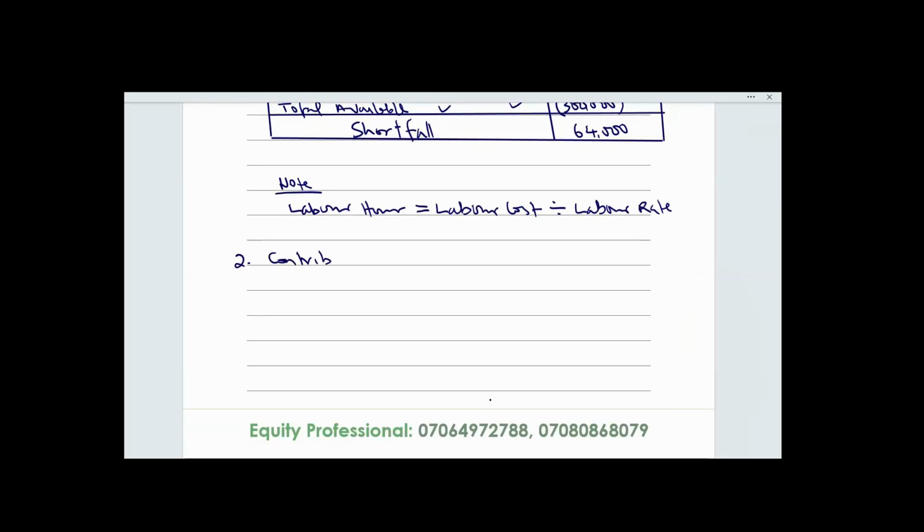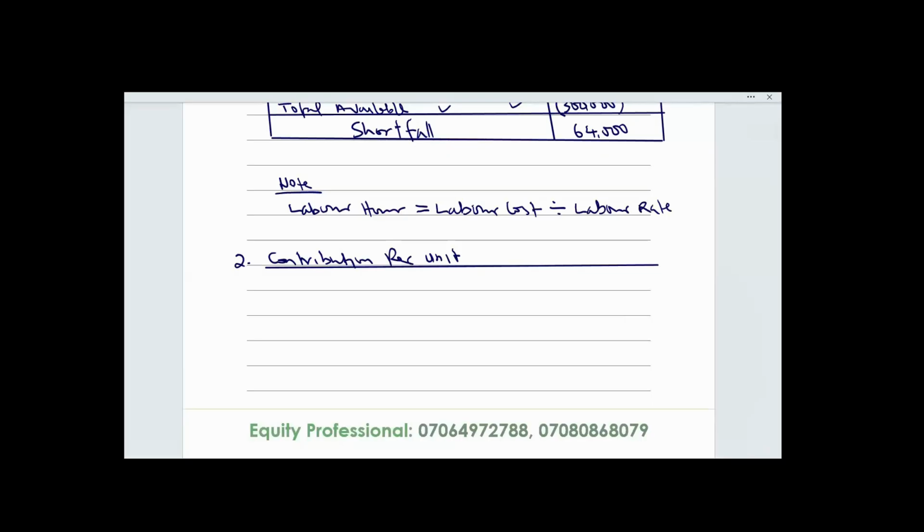So I would then say contribution per unit. How do I calculate contribution per unit? The information I have in the question will tell me how. So we need to go back to the question and identify, am I given selling price?